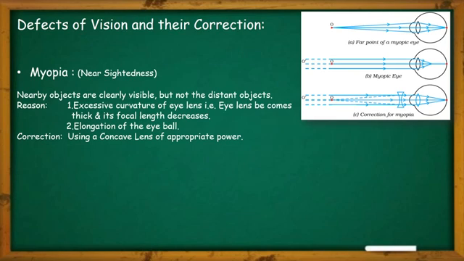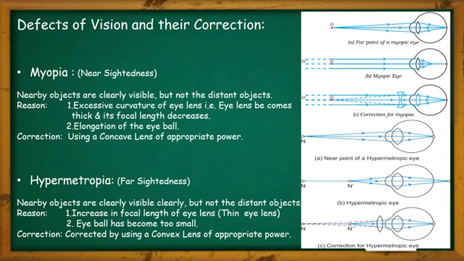So what can we do for the correction of this disease? Of course, for the correction we can use a concave lens of appropriate power. If we wear a spectacle having a concave lens of suitable power, then this kind of eye disease can be cured.